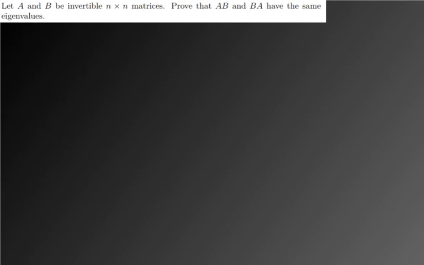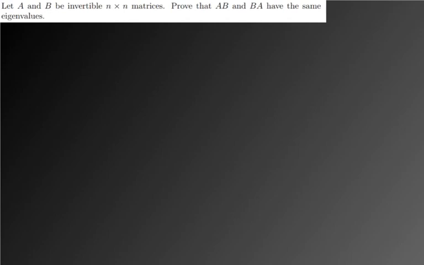All right, so I think I should do a proof here, just because a big part of linear algebra is also proving things. This one says, let A and B be invertible n by n matrices, and we're going to prove that AB and BA have the same eigenvalues. One way we could do this is, if they're going to have the same eigenvalues, then their characteristic equation would be the same, right?